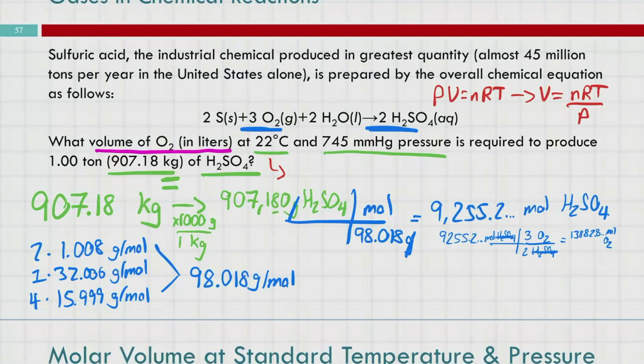So we're going to add 273.15 to our temperature. We need to be in kelvins for temperature, and we'll convert millimeters of mercury to atmospheres, so that they match up with our units in the R value.